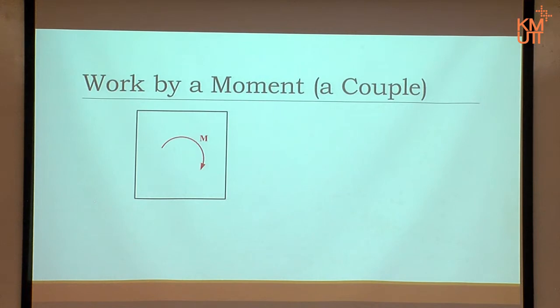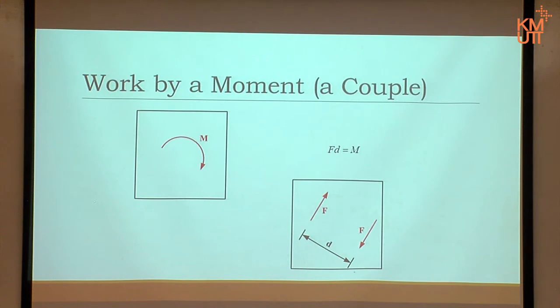That moment can be described by a couple, two forces equal and opposite, right? So if we try to change it into this picture instead, remember, the moment will equal the force times the distance. Now, before we move on, look at the right-hand side box.